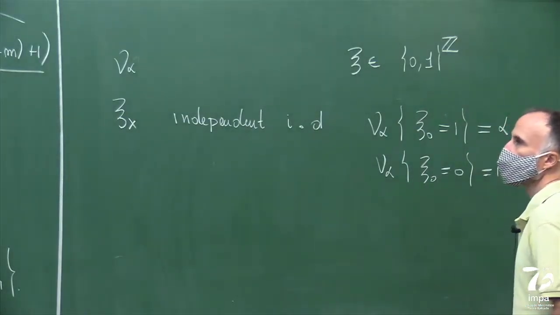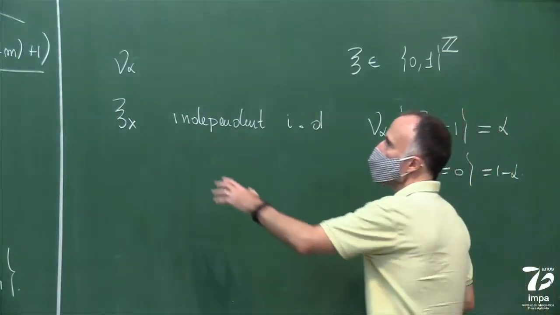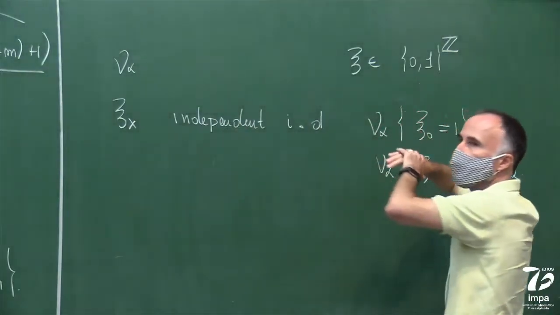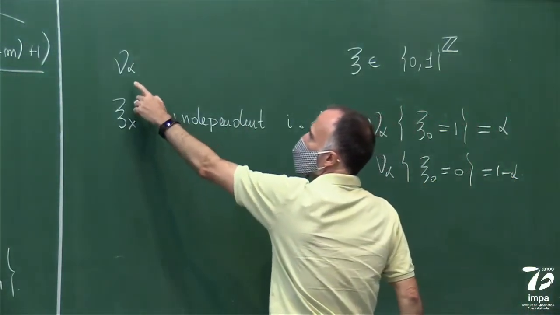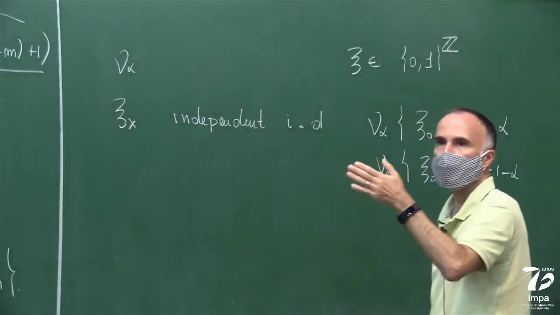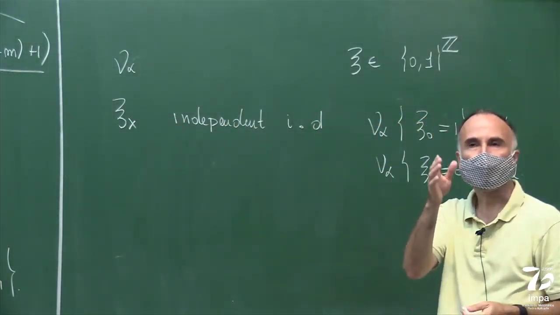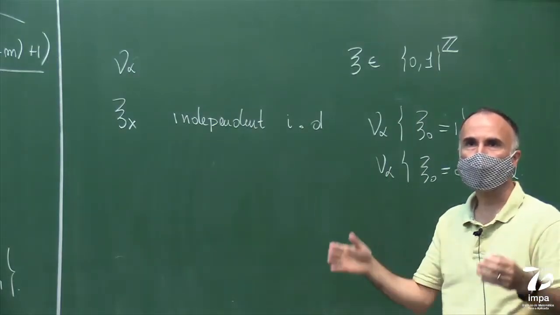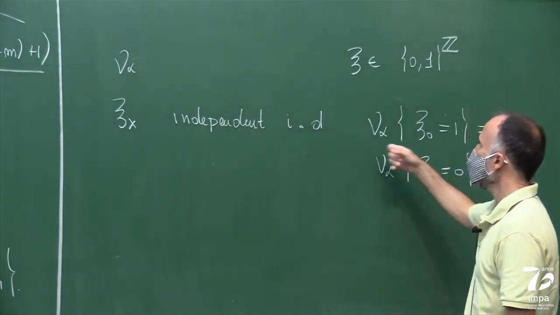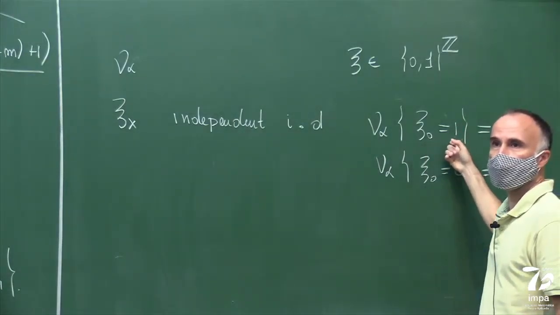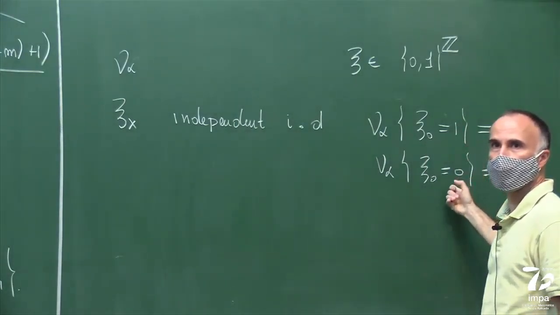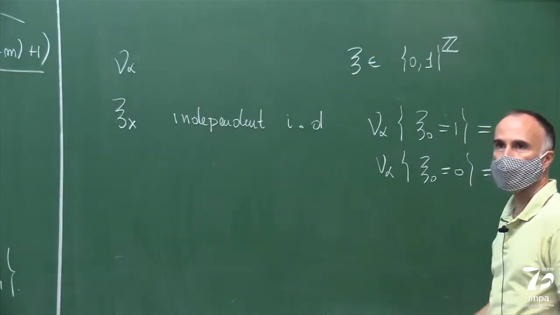So this is a measure defined on the infinite space. At each site you have independent, identically distributed variables, and the probability that the site is occupied is alpha, the probability that it's empty is 1 minus alpha.